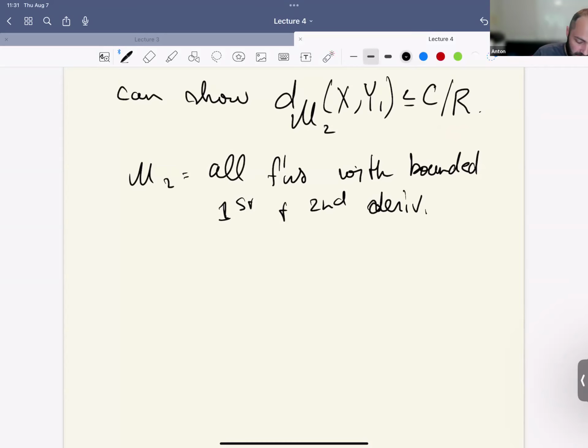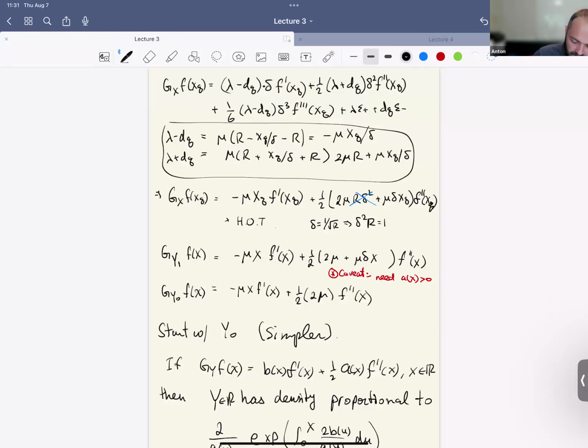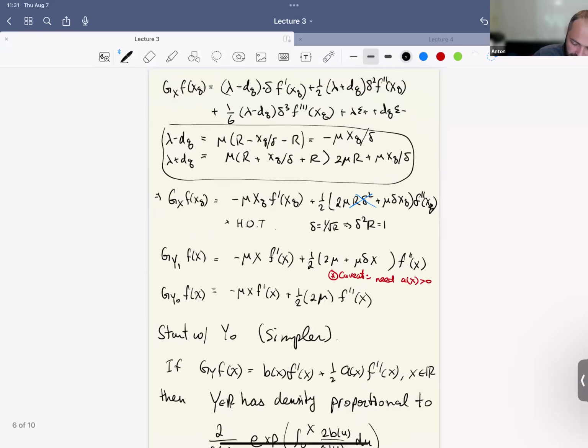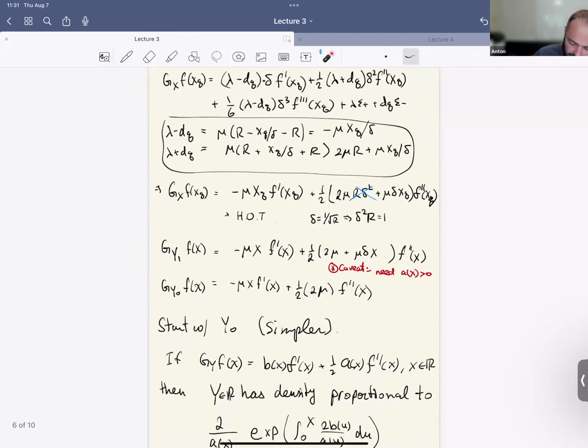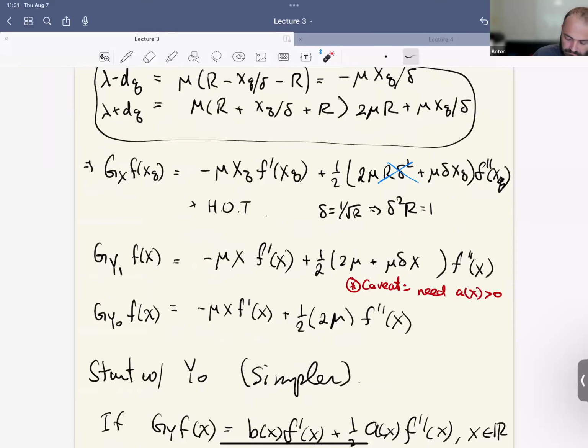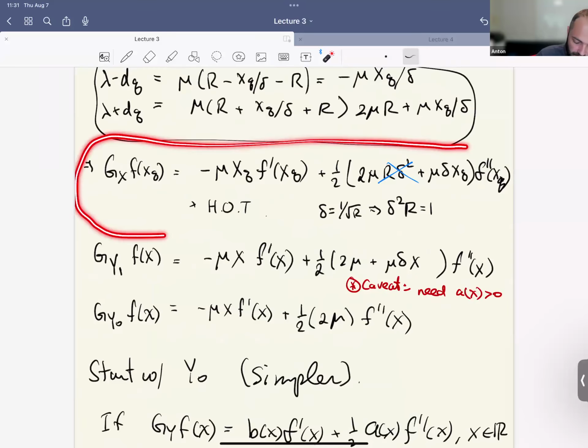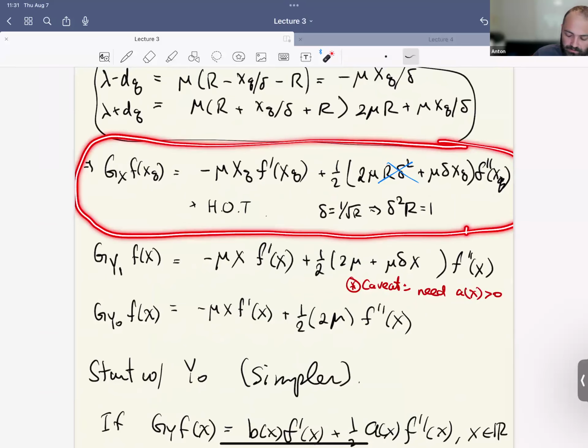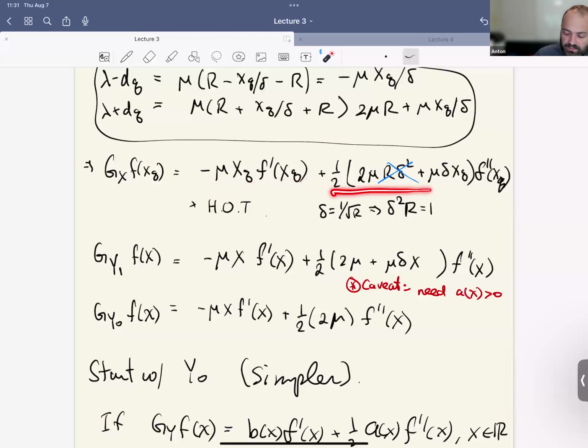Okay. So we're going to start by reminding ourselves of last lecture. And in the last lecture, this is the generator expansion I want to focus on. We did some kind of generator expansion. We said the first order term, the second order term, and the higher order terms are third and fourth derivative related.